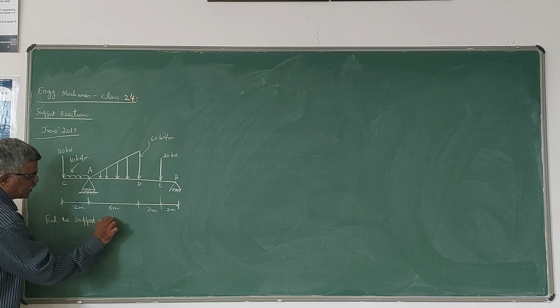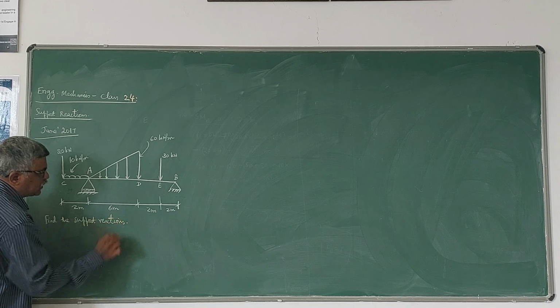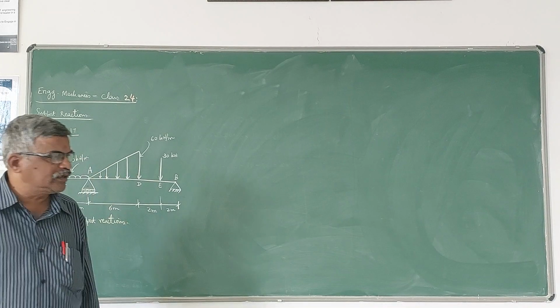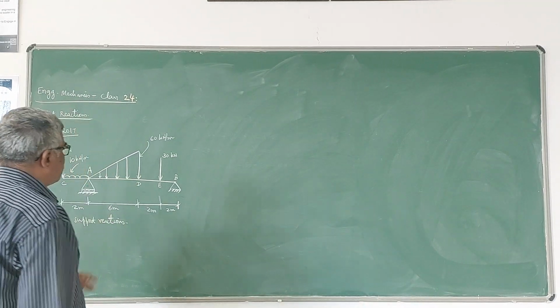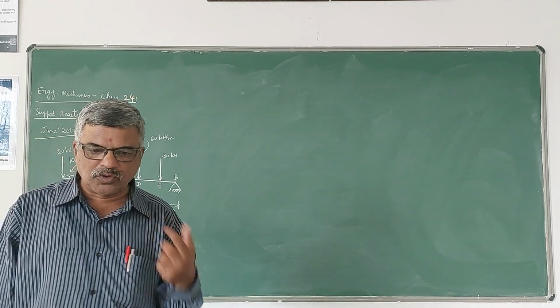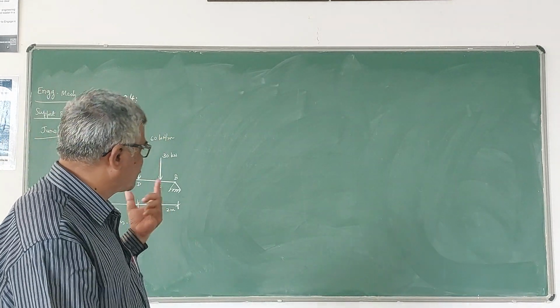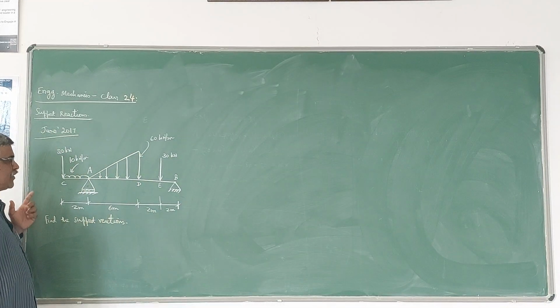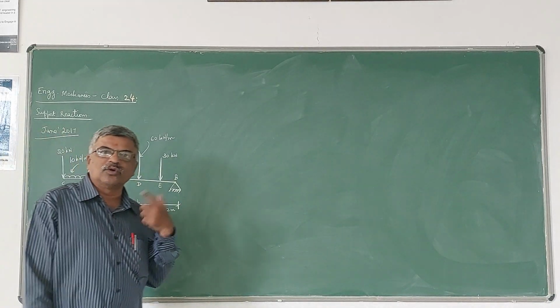Here you can see that one support is a roller, where you can have only one reaction, normal to the roller. And the other, B, is a hinge, where there is a possibility of two reactions, one horizontal and one vertical. But in this problem, there is no horizontal load or inclined load.